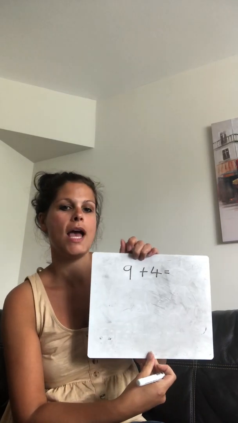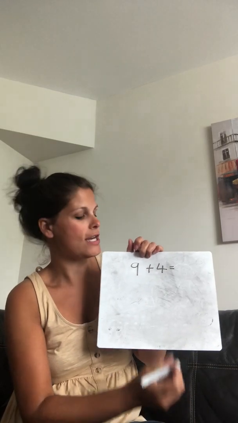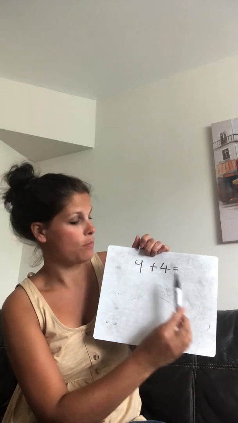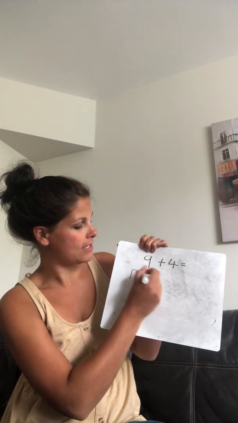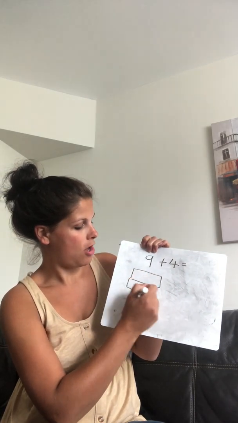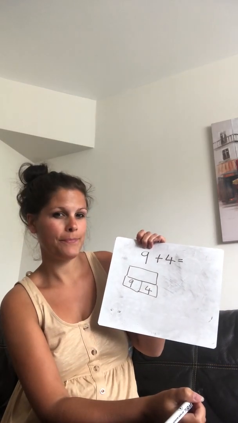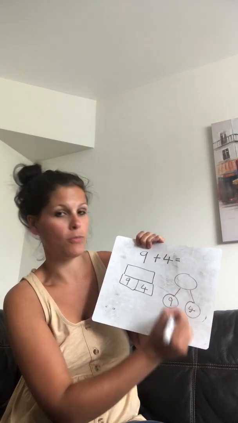And this time I'm going to do 9 add 4. Okay, I've got 9 sweets and my mum gives me 4, so I'm going to draw that as my bar model. Okay, and this time I'm going to just draw my part-whole model there.